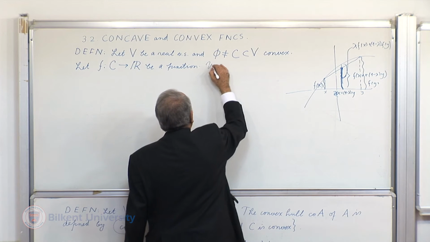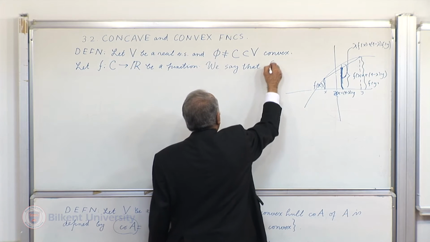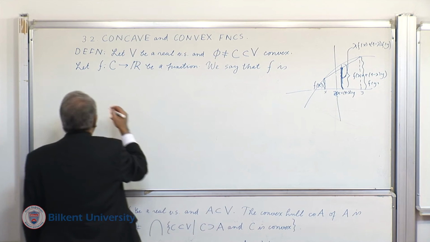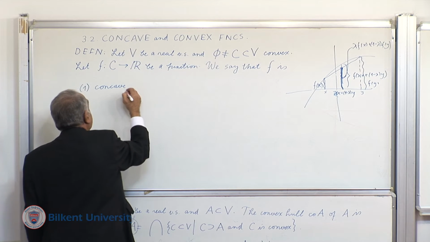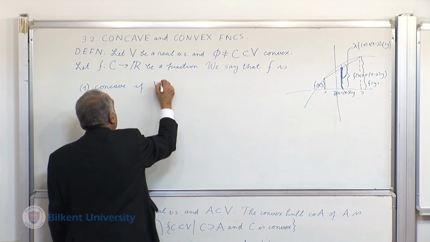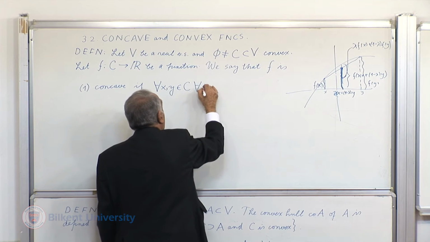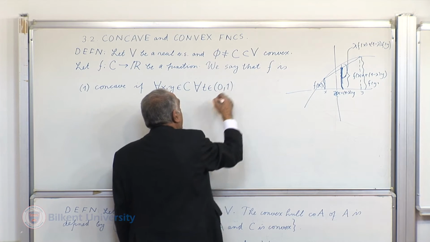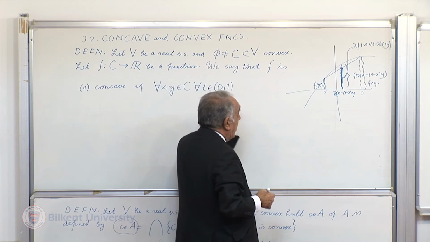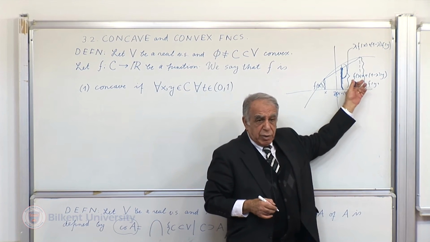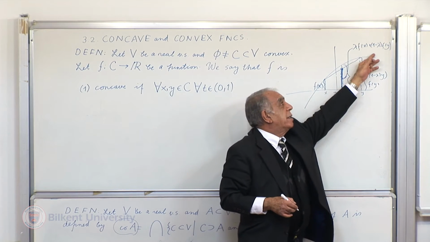Now, we say that f is first concave if for all x, y in C, for all t, let me take it in (0, 1), because if t is equal to 1 or 0, this will be either x or y, but f of x and f of y, and well, that will be the same.